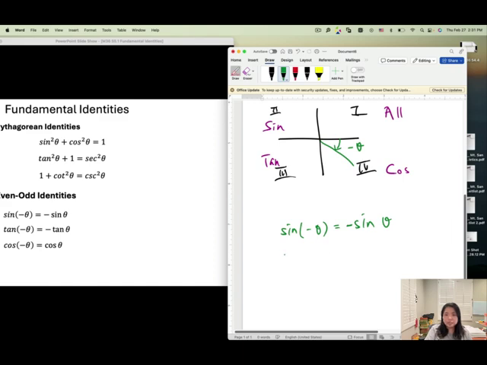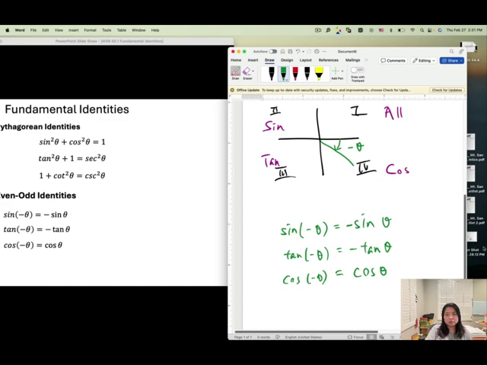Tangent is the same thing: tangent negative theta goes clockwise, so it's still in quadrant 4, and tangent in this quadrant is also negative. So we have negative tangent theta. How about cosine negative theta? Negative theta is in quadrant 4, and cosine in this quadrant is positive. So that will be cosine theta.